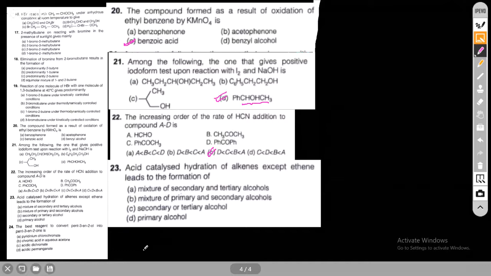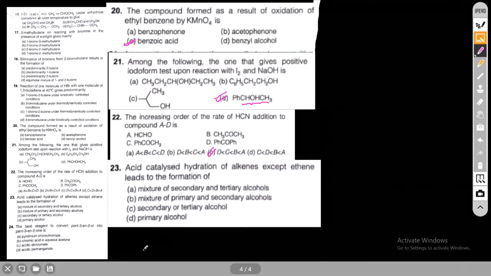Acid catalyzed hydration of alkene. Is there any chance of getting primary alcohol? No, right?